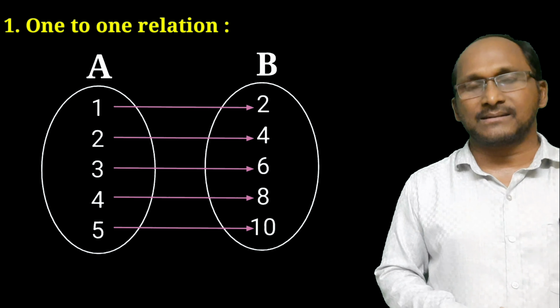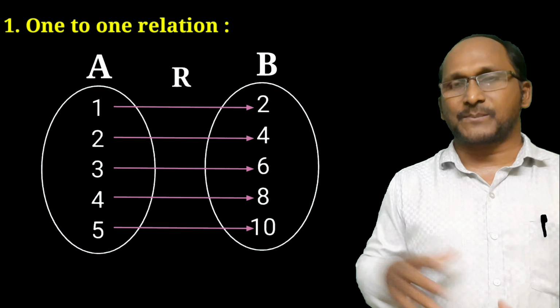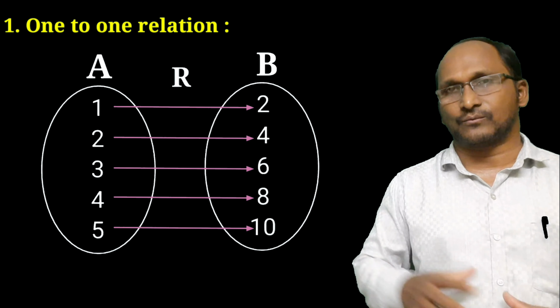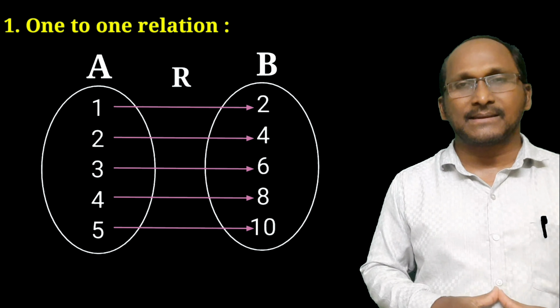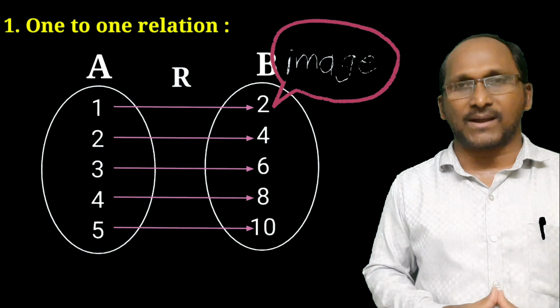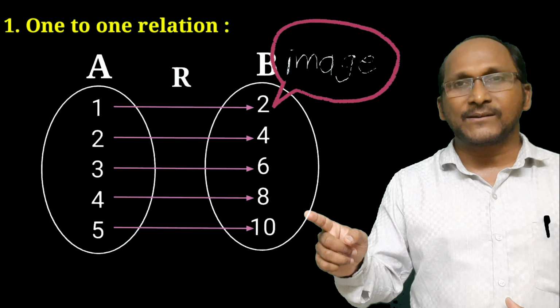Now in this relation, let us take the first pair. 1 is related to 2. So here the element 2 of the set B is called image of the element 1. Element 4 of the set B is called image of 2 of the set A. 6 is image of 3 and so on.